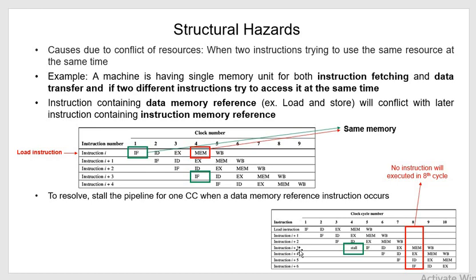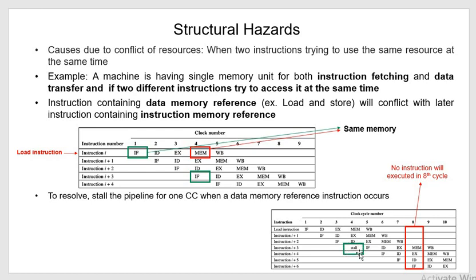It gives the delay, because during this fourth cycle the first instruction is already accessing the memory, and due to the structural hazard, another stage of the pipeline cannot access the memory because there is only one memory.